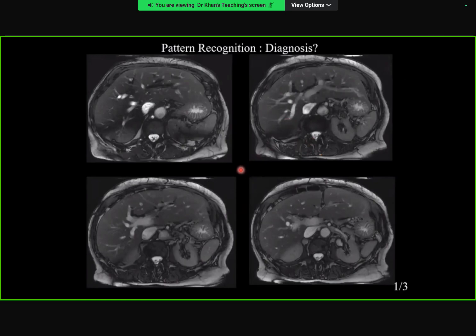Yeah, hi. Okay, this is an MRCP study. I have given you T2 axial sequences, and intentionally just the axial sequences. And what is your diagnosis?